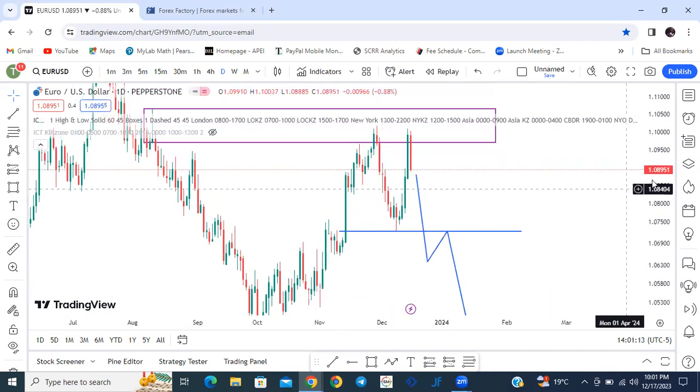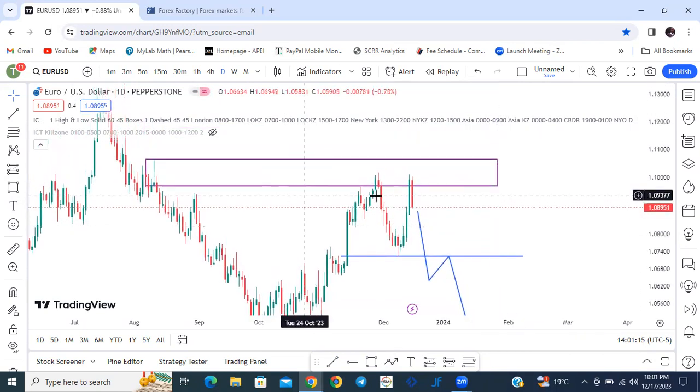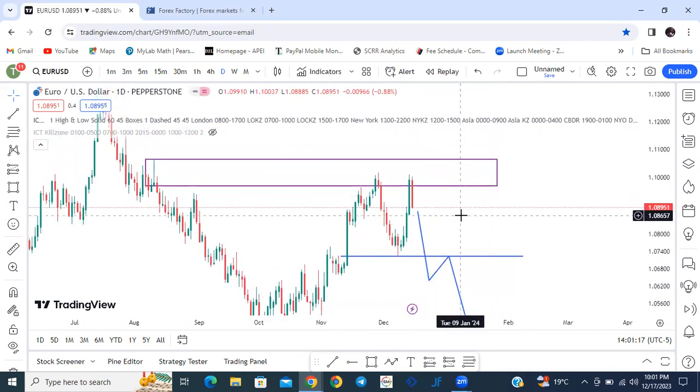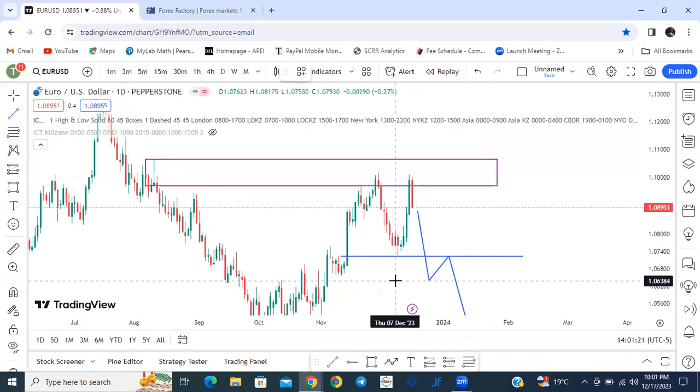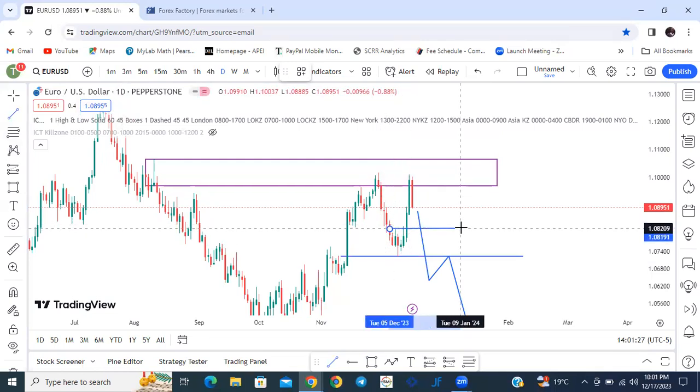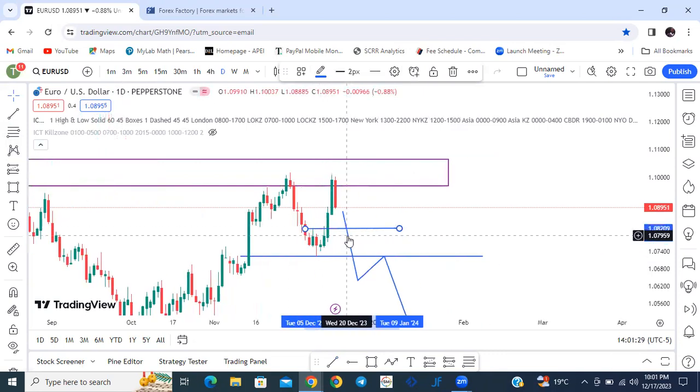In case that does not happen, then we might be looking at price probably reaching this level. Remember, this was the highest level that the price made, the major high under the daily time frame, and this was the major low. So there was this breakout.